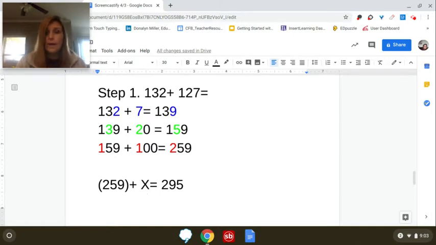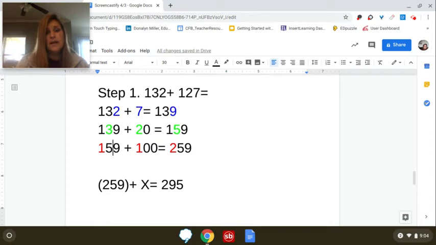There are a couple of ways that I can figure out how to get to this 295, which will give me that answer. The first way would be if I was going to put it on a number line and count it up from 259, make those jumps and count it to get to 295.